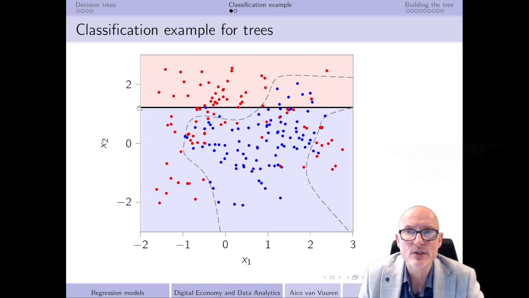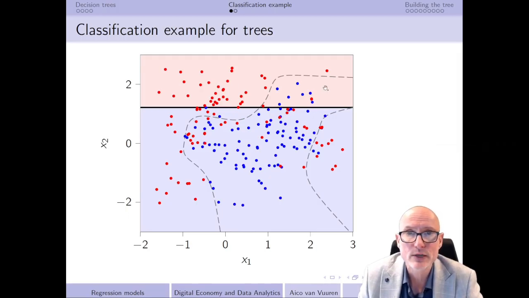It says we have to do it at this level, which is more or less equal to 1, a little higher than 1, of course. That implies that when x2 is smaller than this 1 point something, we should predict blue, otherwise we should make a red prediction.